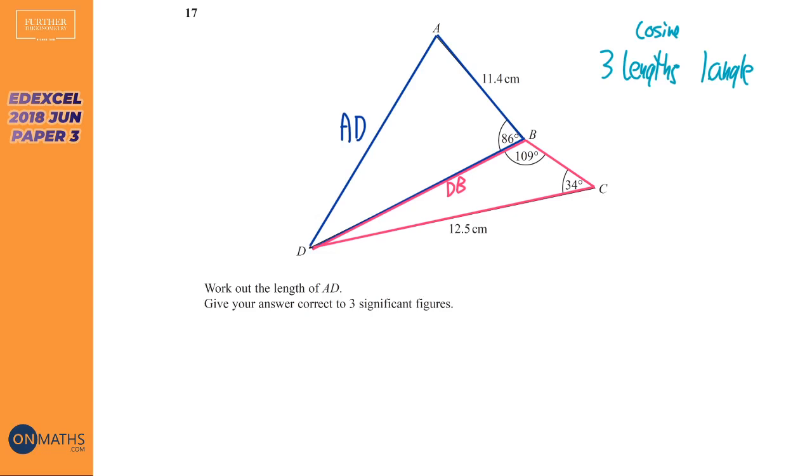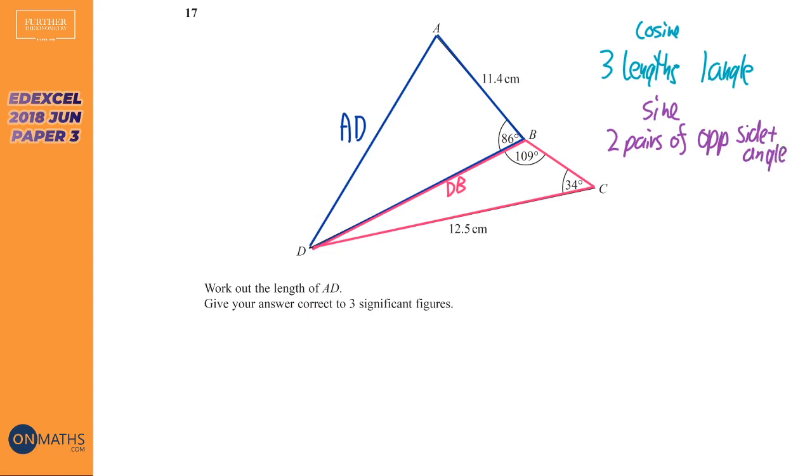The other option is obviously the sine rule. Now the sine rule, we need two pairs of matching side and angles, or two pairs of opposite side and angles.